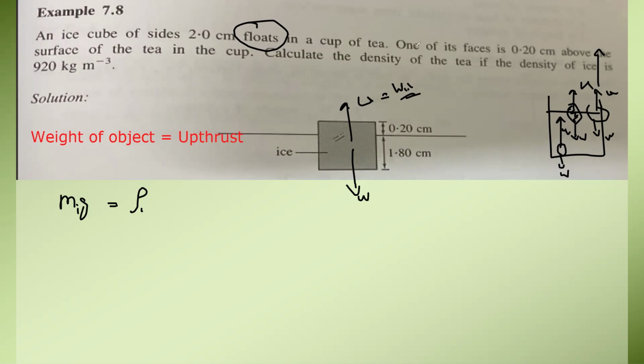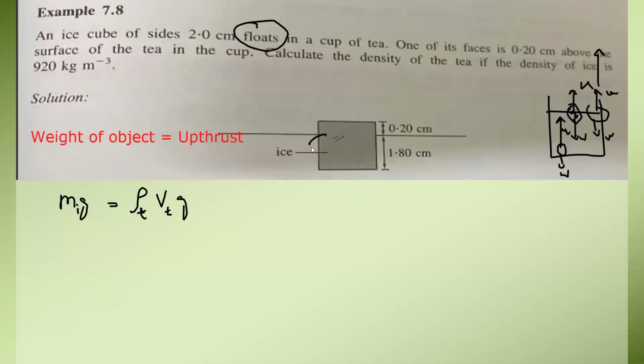So upthrust is equal to the density of the tea, because tea is the fluid, times the volume of the displaced tea, times gravity. Is it clear till this point? Upthrust is equal to density times volume of displaced tea. Like how much tea will be displaced, that is the volume.